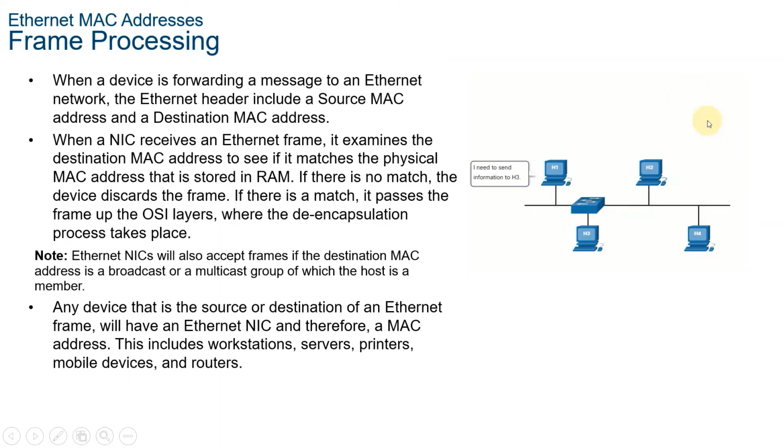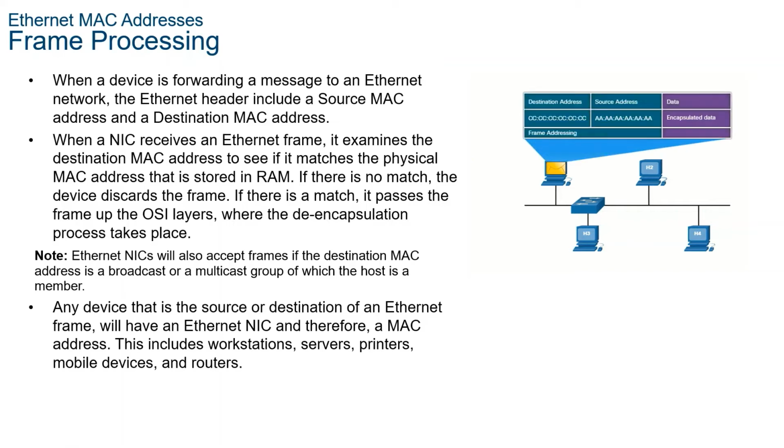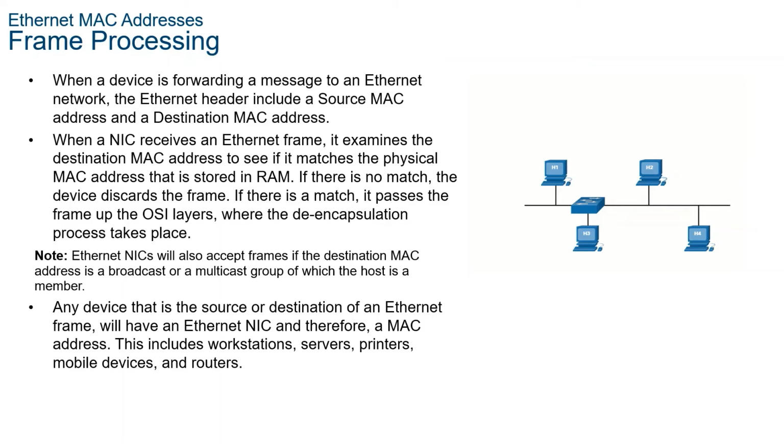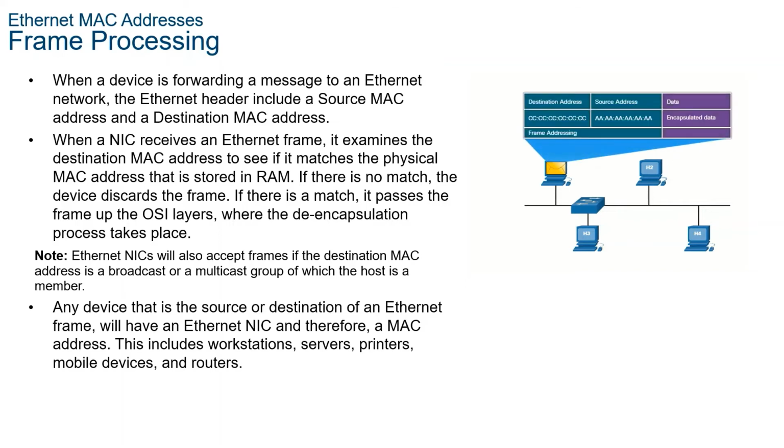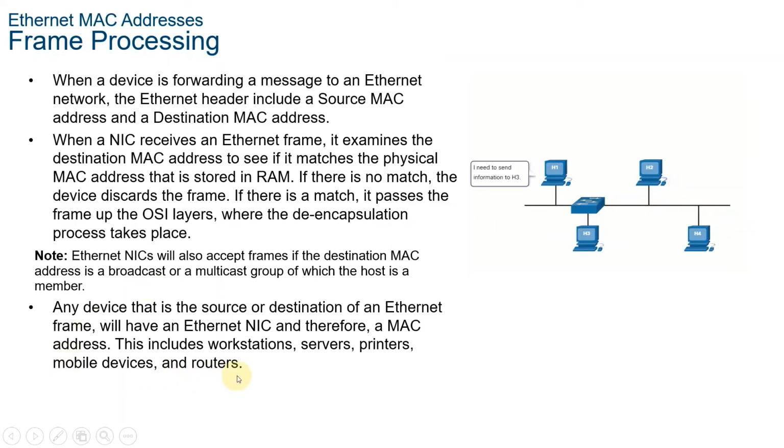Note that the Ethernet NICs will also accept frames if the destination MAC address is a broadcast or multicast group of which the host is a member. Any device that is the source or destination of an Ethernet frame will have a device NIC and therefore a MAC address. This includes workstations, servers, printers, and routers.